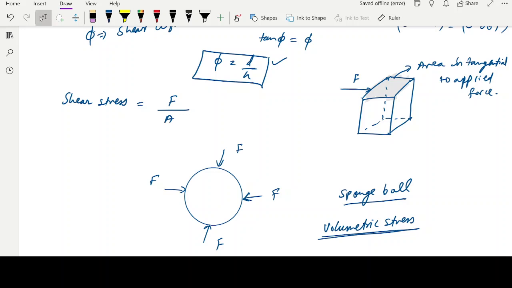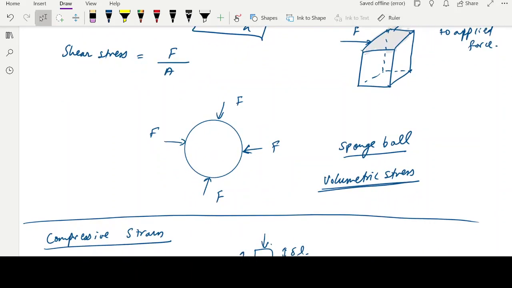When you hold a sponge ball in your hand and try to compress it from all the directions equally, the sponge ball compresses. That compression results in the volumetric stress being developed inside that sponge ball. So this is known as volumetric stress.